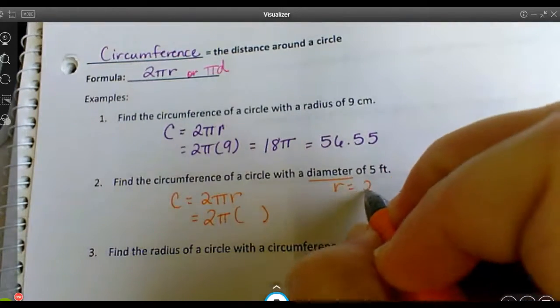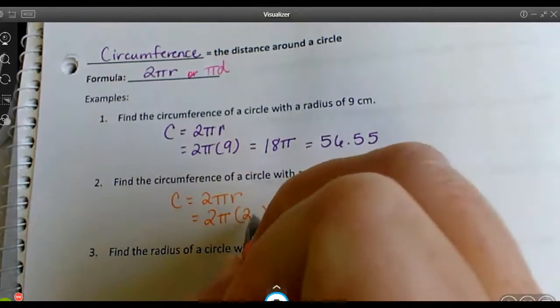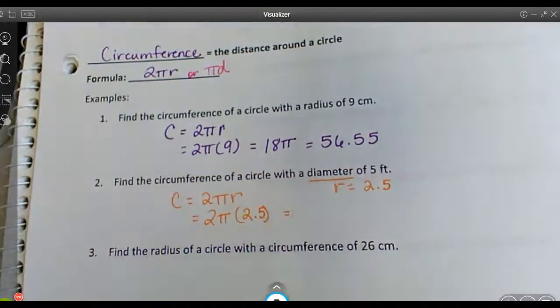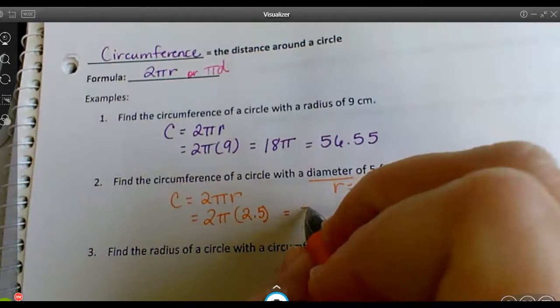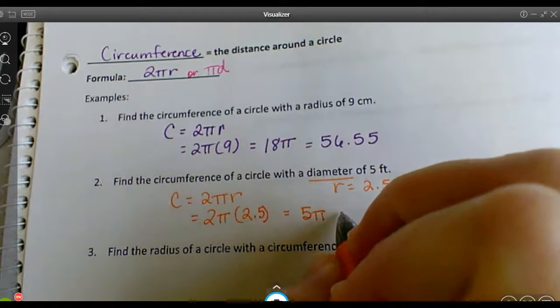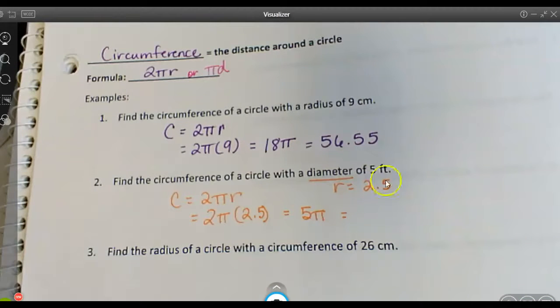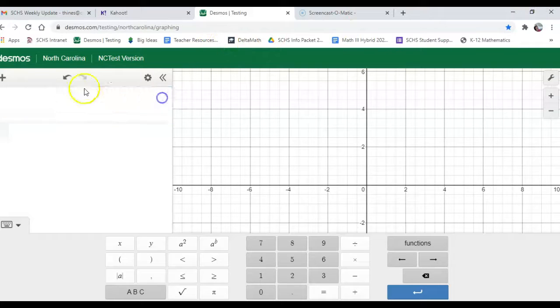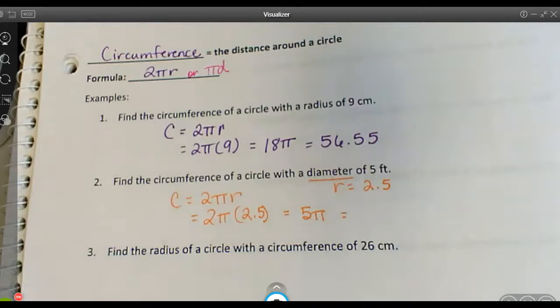So that means r is 2.5, and so 2.5 would go right here. We can multiply 2.5 times 2, and you get 5, or 5 pi.